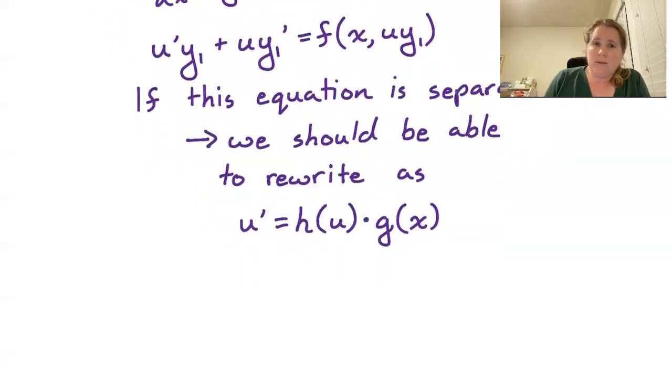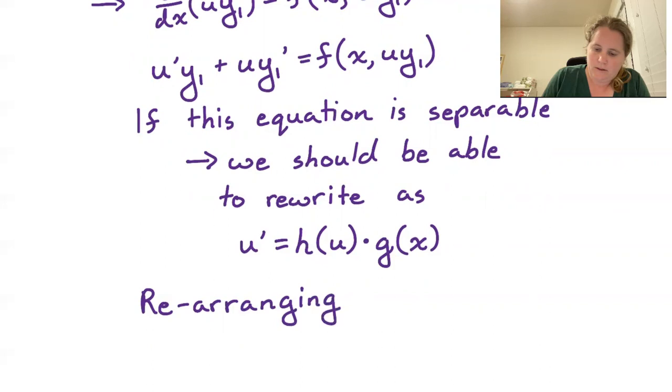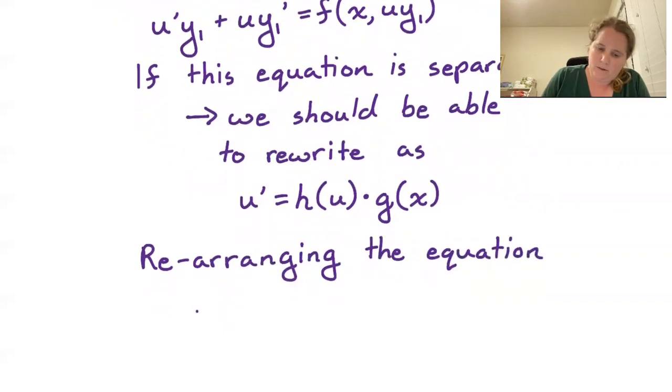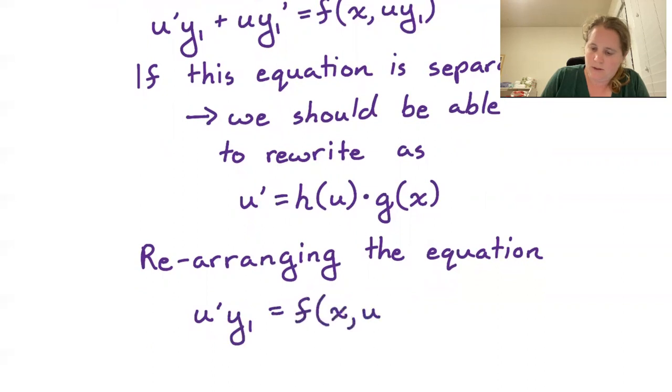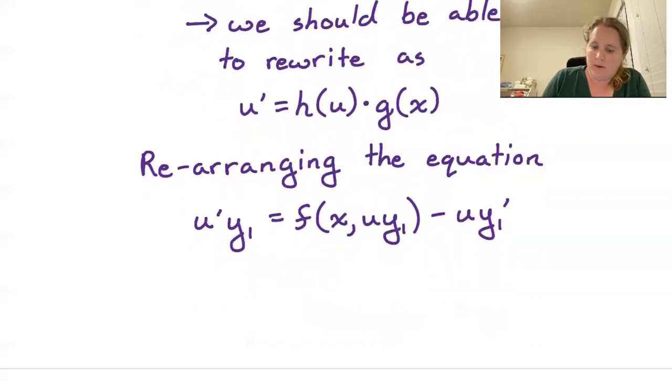So let's go ahead and just rearrange the equation. So rearranging the equation, we have u prime times y1 is equal to f of x comma u y1 minus u y1 prime. And we could always divide through on both sides by y1.